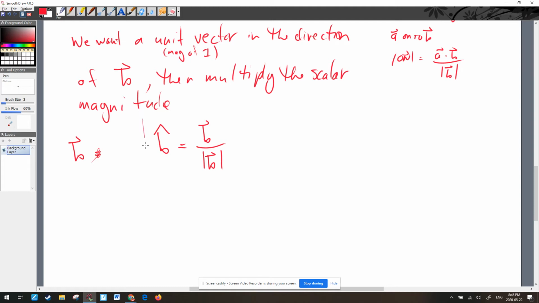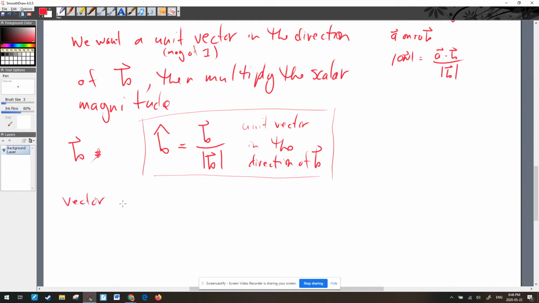So if I want the vector projection of A onto B, I'm going to do a little note here. This is the unit vector in the direction of B. Okay, that's good. So here's what we're going to do.